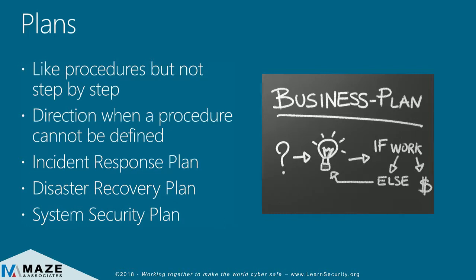Now, in the risk management framework, which NIST 853 kind of dovetails off of, they also have a system security plan. That's less of a plan in the traditional sense of what I just explained a plan to be, and that is you're just documenting how your controls are in place, and it's basically documenting your due diligence.